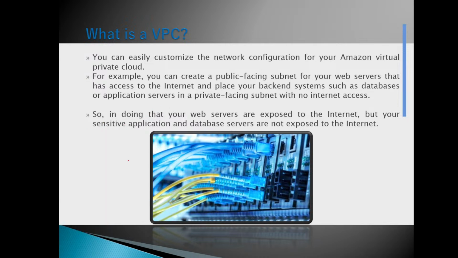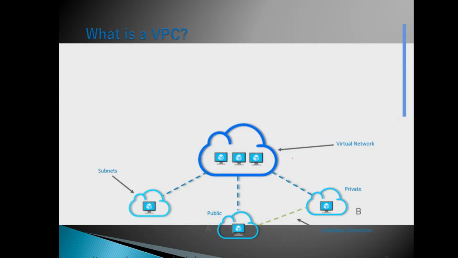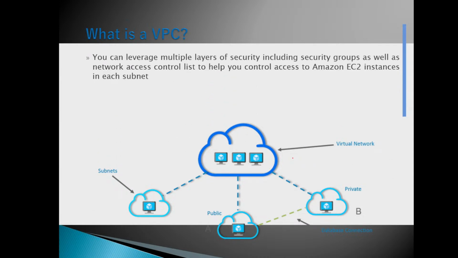In doing that, your web servers are exposed to the internet, but your sensitive application and database servers are not exposed to the internet. You can leverage multi-layer security, including security groups as well as network access control lists, to help you control access to your EC2 machines in each subnet.